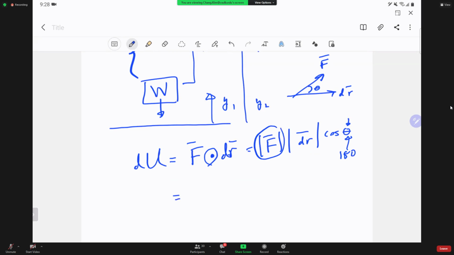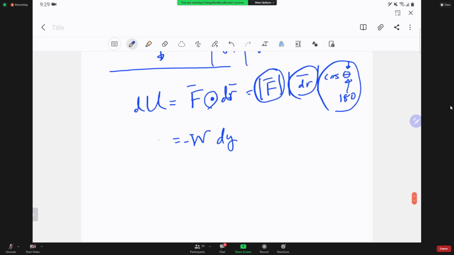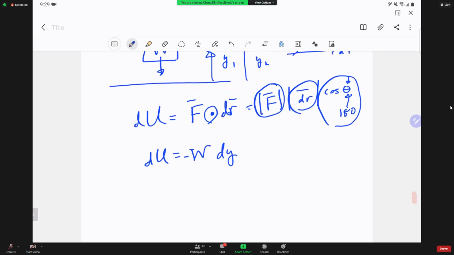So force in this case is the weight, dr is dy, and the cosine of 180 is minus. So here dU is equal to minus w times dy.